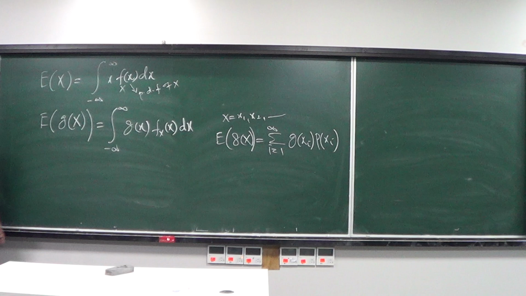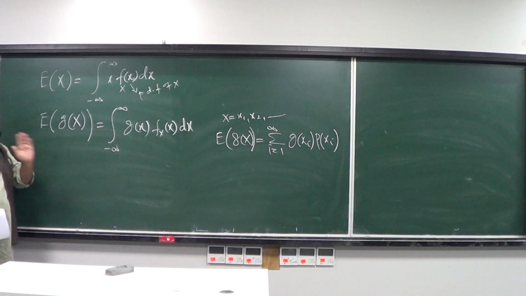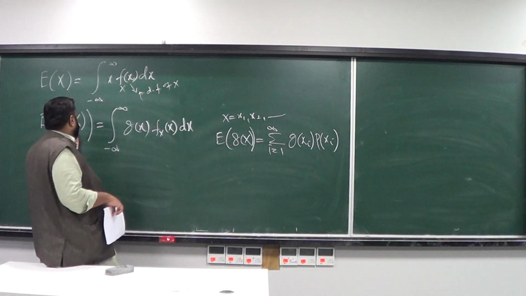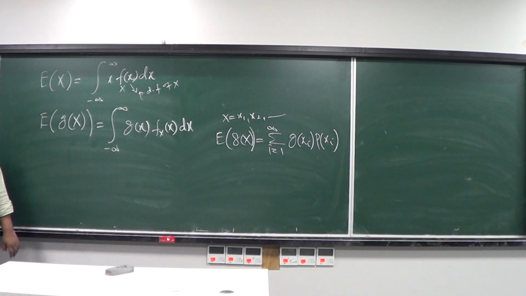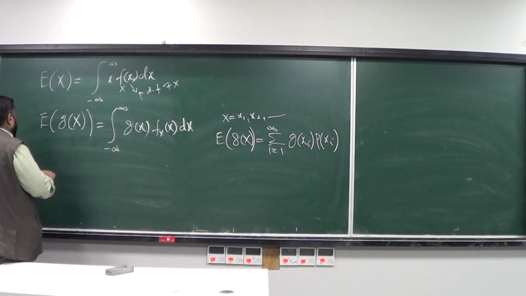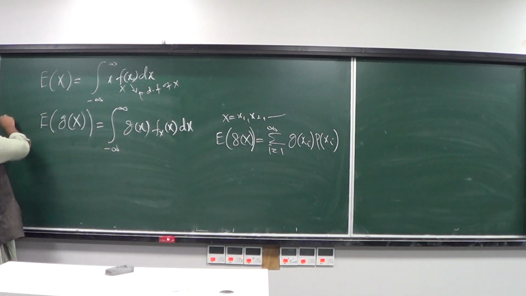So if you want to compute the expectation of some function of the random variable X whose PDF is f_X, then the expectation of g(X) is really this integral. I would like to prove this proposition.